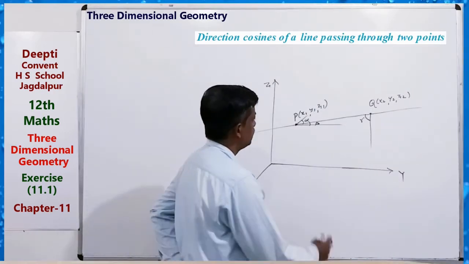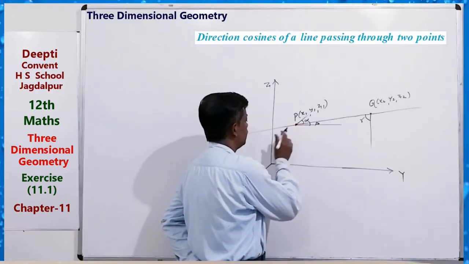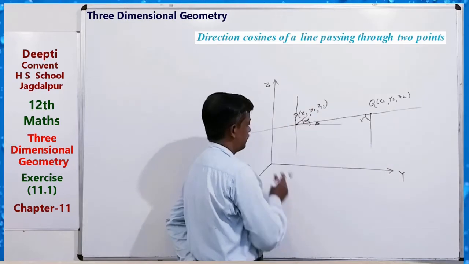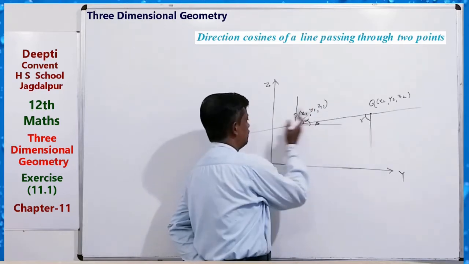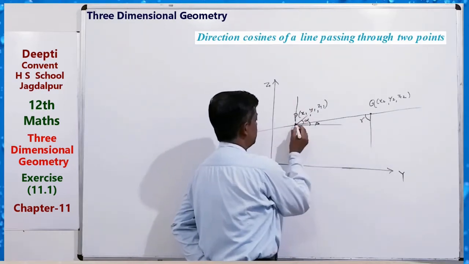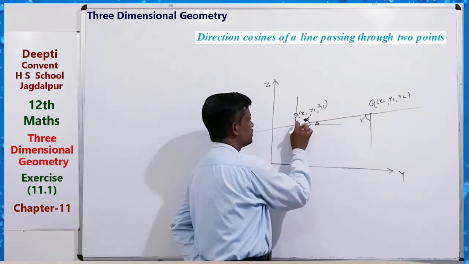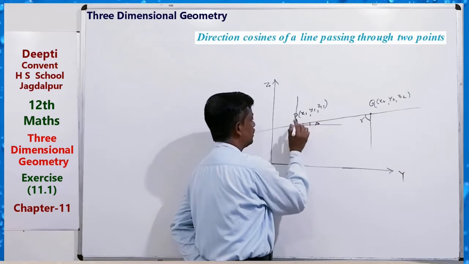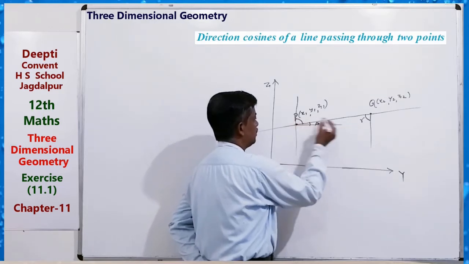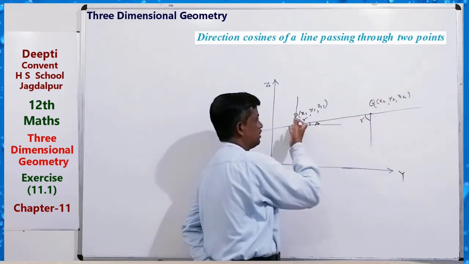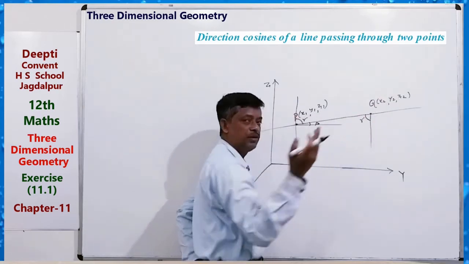Now, just draw the parallel line to the z-axis. The angle between this line and this line is gamma. These two are parallel lines and intersecting, so this angle and this angle are equal.